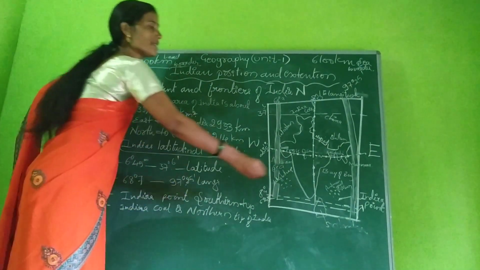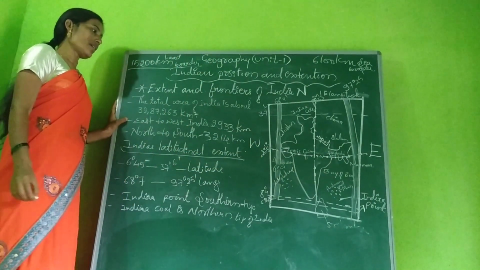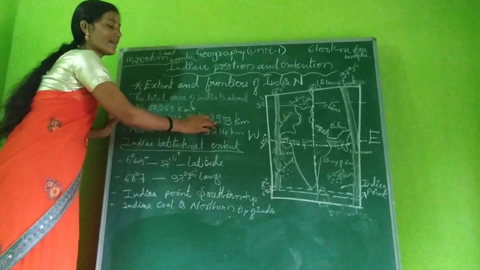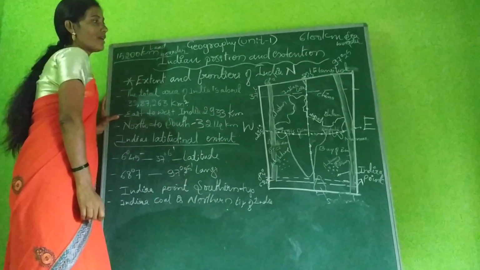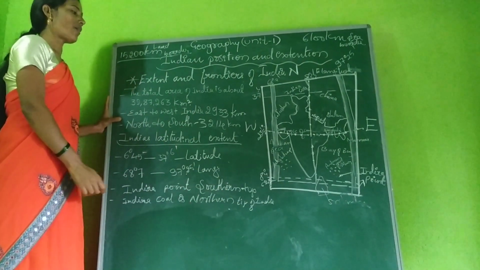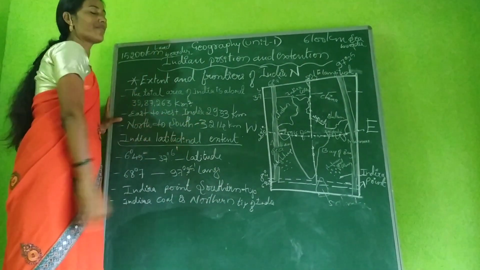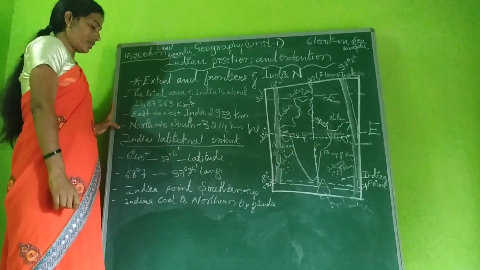Then from east to west, it is about 2,933 kilometers, and from north to south, it has a length of 3,214 kilometers.